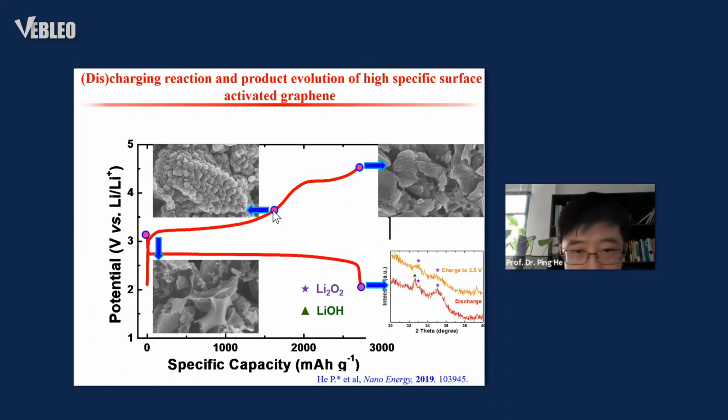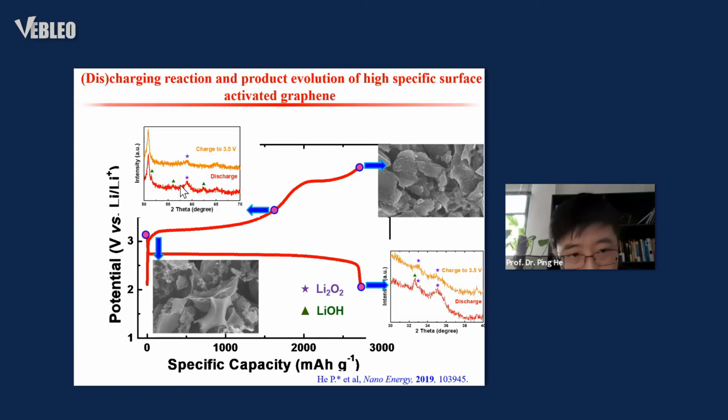So at the half of charge point, we can see in this XRD curve that it has no lithium hydroxide. It only has lithium peroxide.